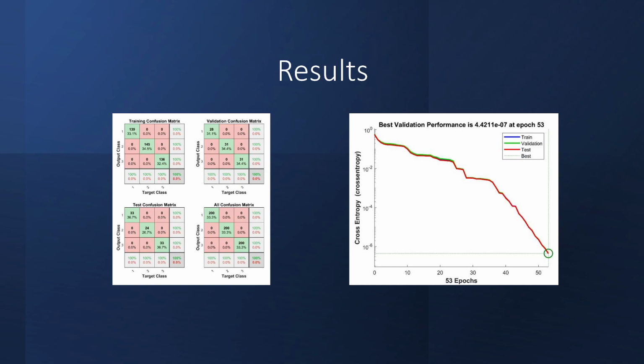And surprisingly, we found that the training, validation, and test confusion matrices all showed 100% accuracy. So this means that using a relatively small neural network, even with a very big input size, we managed to obtain something quite remarkable in terms of the accuracy.